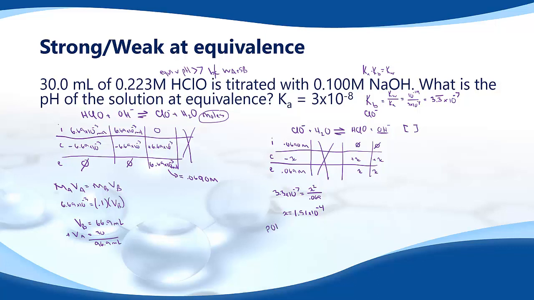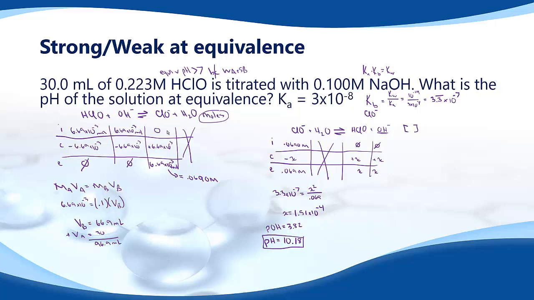Since it's a hydroxide, we're going to find our pOH, which is the negative log of this number, or 3.82, which means that the pH of this solution is 10.18. All right, so that is doing these types of problems.